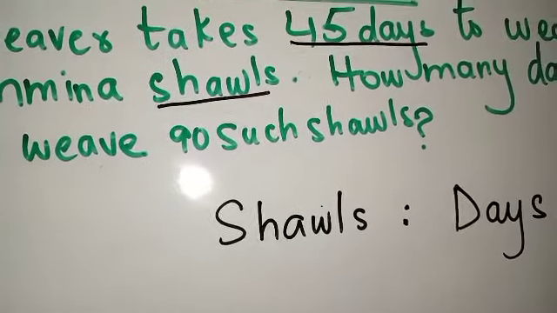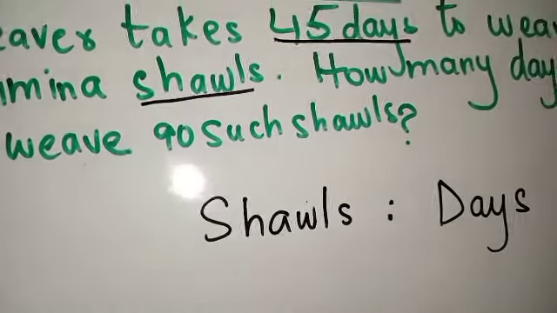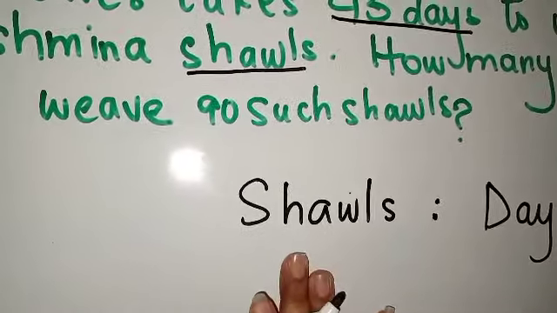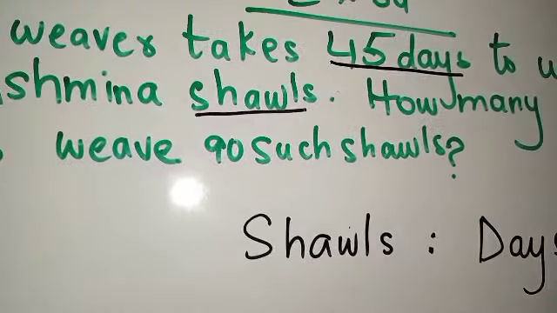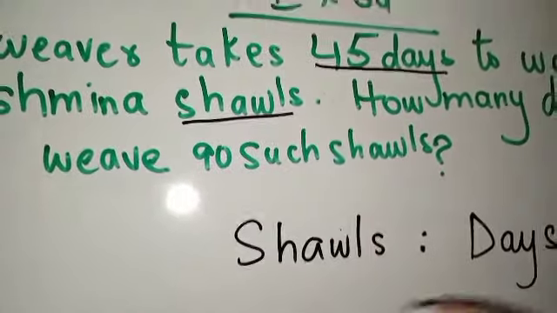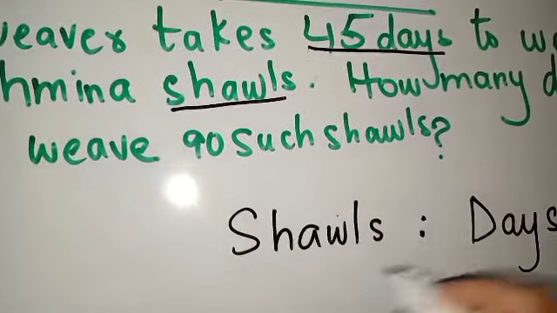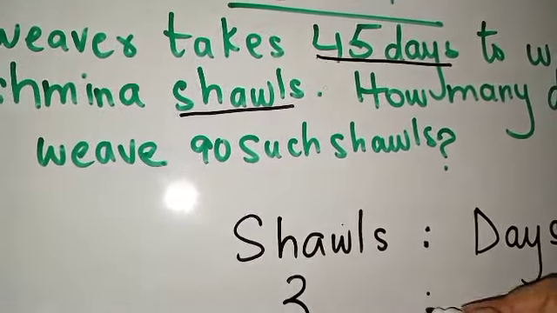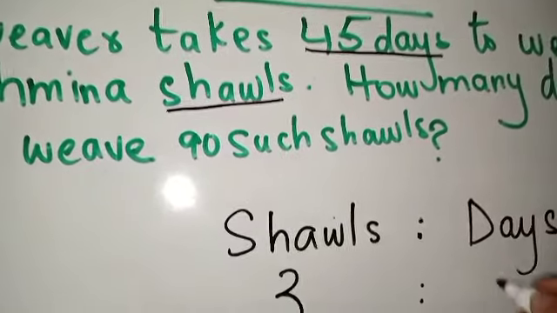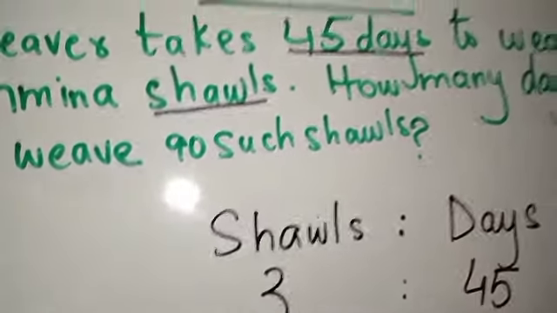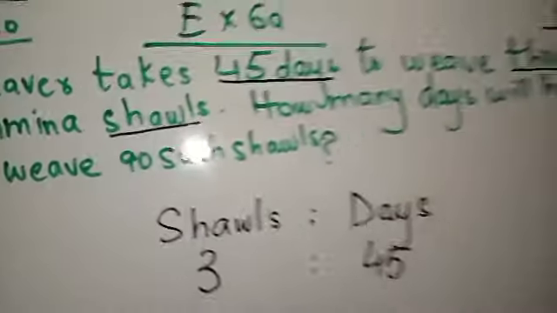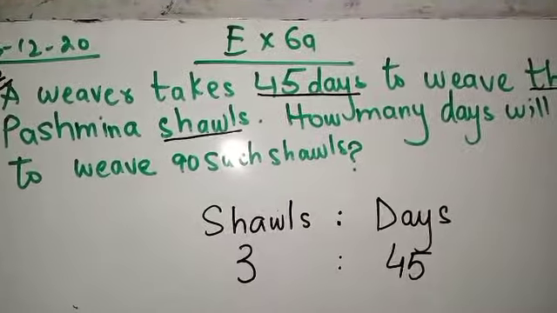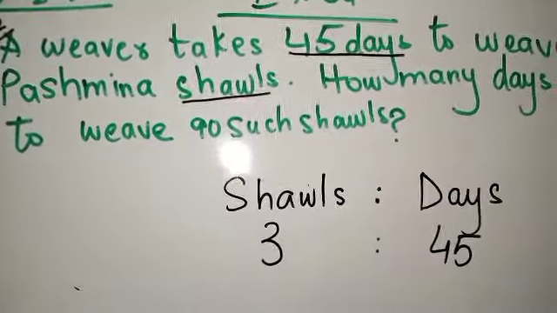And these two things they are comparing. You know that ratio is comparing how many shawls the weaver will weave in how many days. Now list it down. 3 shawls the weaver will weave in 45 days. It is written on the first line only: a weaver takes 45 days to weave 3 pashmina shawls.